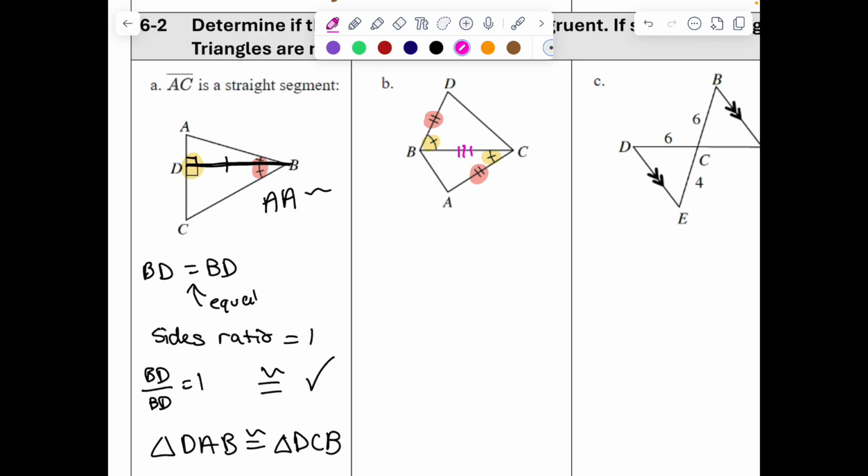And so, because BC is equal to BC and BD is equal to BD, again, that's saying that the side ratio is 1, which means that these triangles are congruent. So triangle DBC is congruent to triangle ACB.